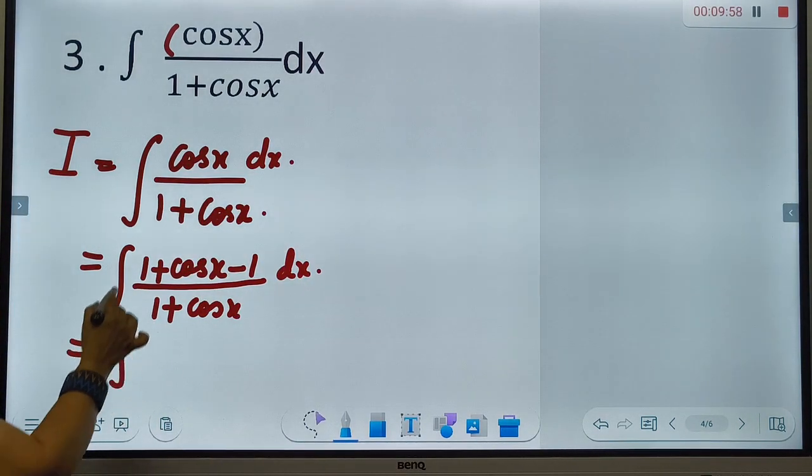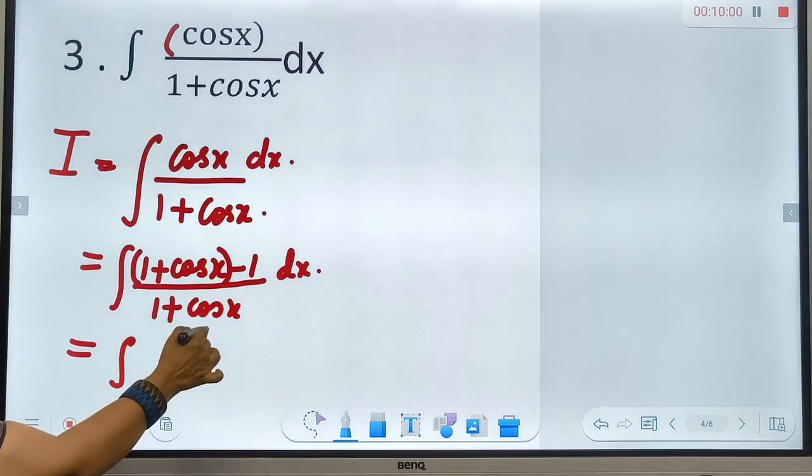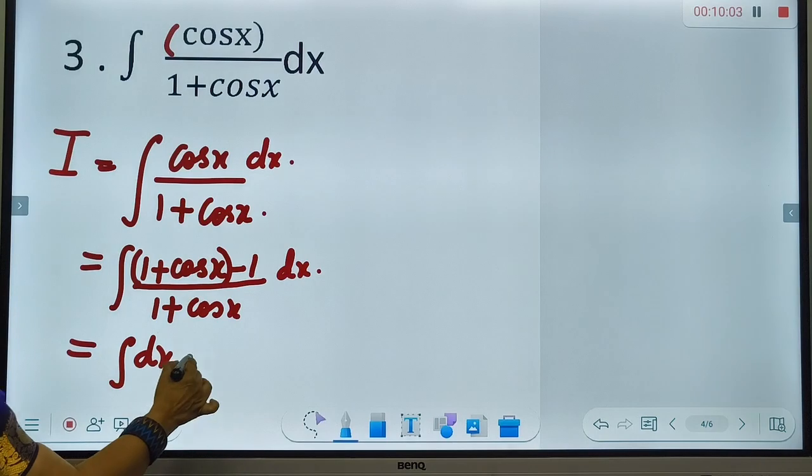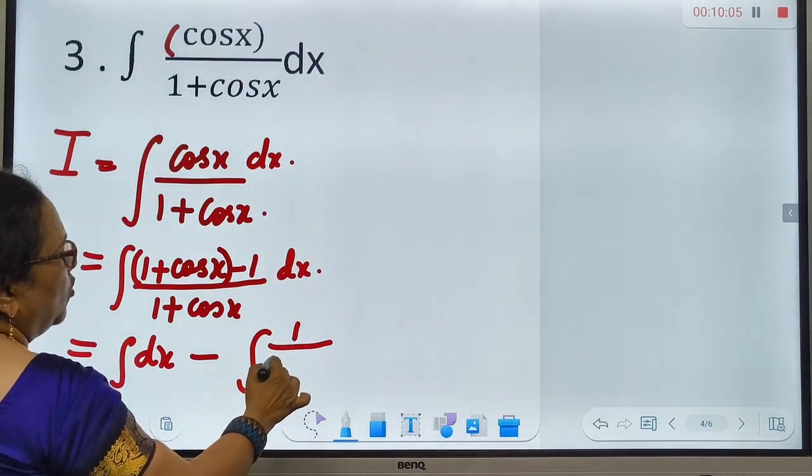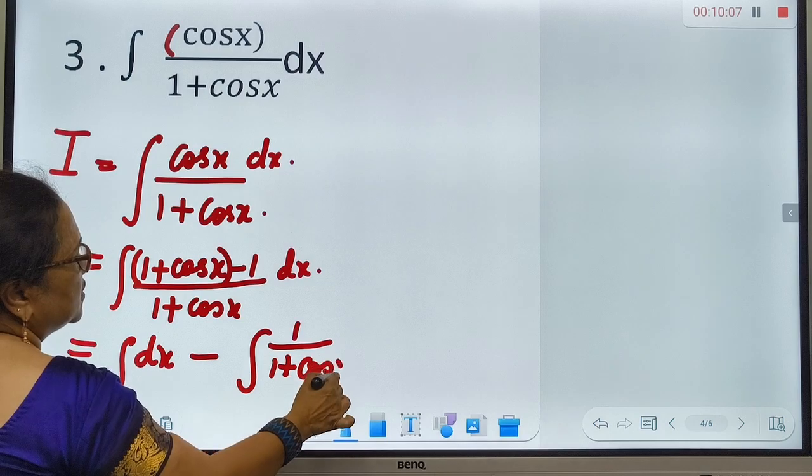This is integral of 1 plus cos x by 1 plus cos x will give me dx minus integral of 1 by 1 plus cos x dx.